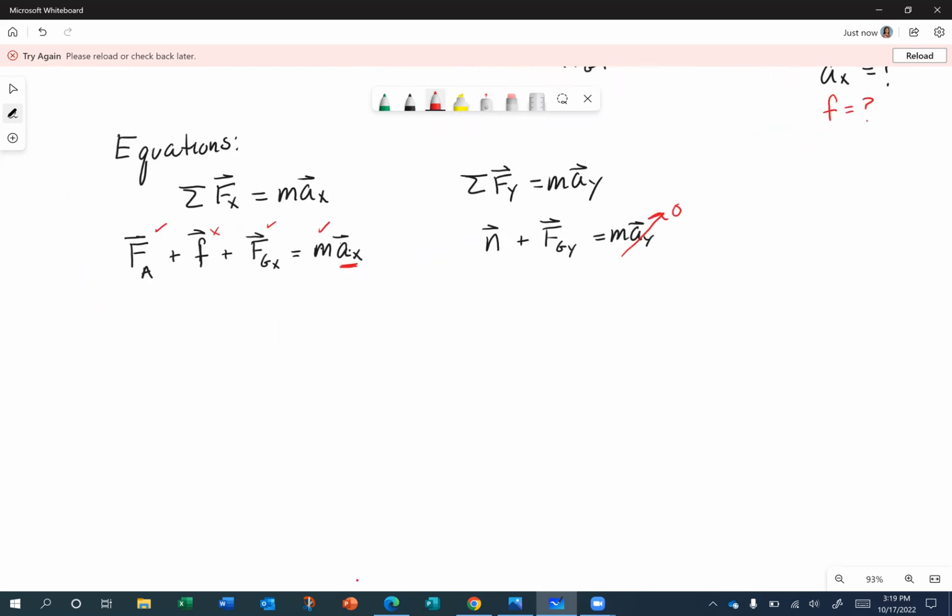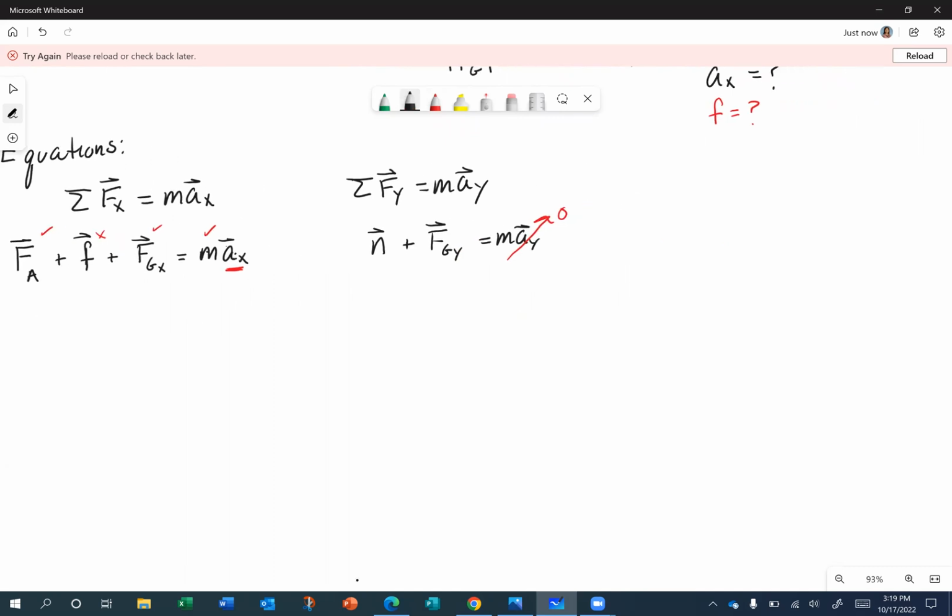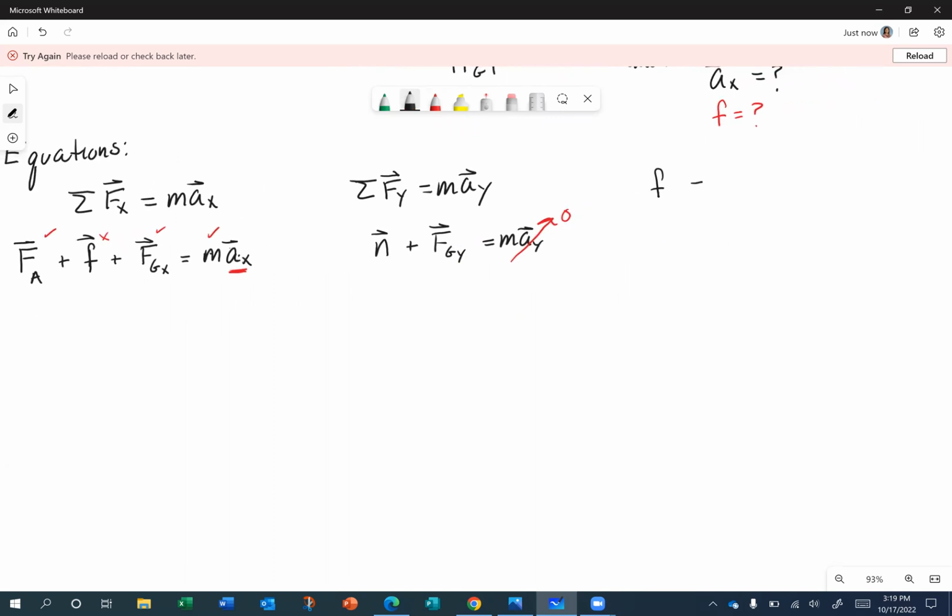So another equation that I'm going to want to consider is that the force of friction equals mu times your normal force. So I see here in the y that I can say my magnitude of the normal force is equal to the magnitude of Fgy. I'm going to use that up here.